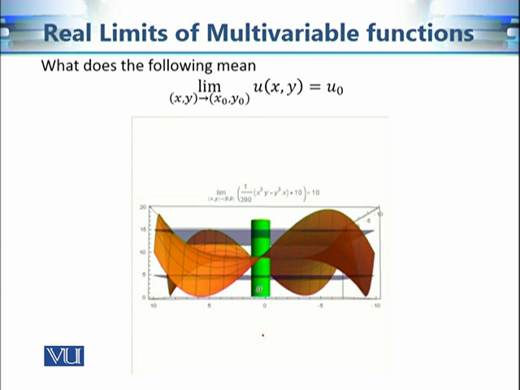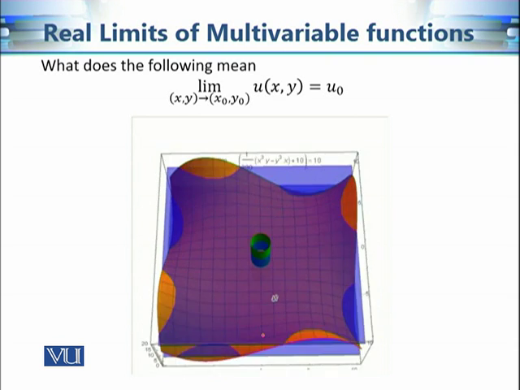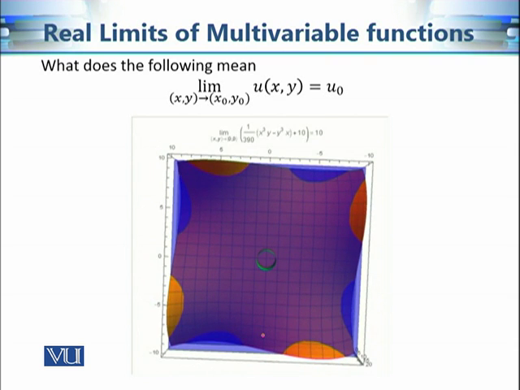So if the functional values are less than epsilon away from u0, they lie between these two sheets, and we can see that for the values inside this small circle, which is a subset of the domain, all the functional values lie between these two blue sheets. And if we vary epsilon and can find some subset of the domain corresponding to every epsilon, then we say that this is the limit.